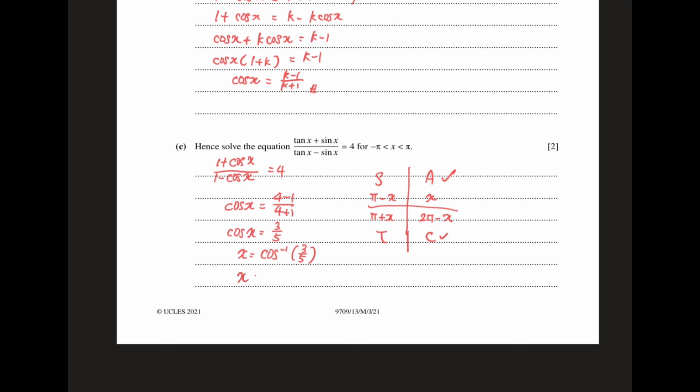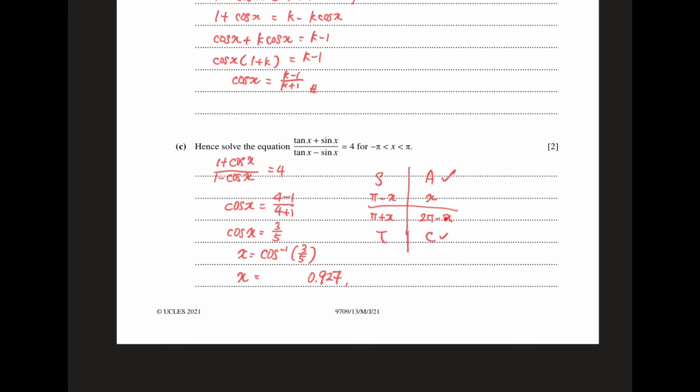So what to do is, now we press the calculator. We change our calculator to radian mode. Then you press inverse cos 3 over 5. Then you will get 0.927. I purposely leave some space in front because I know that they take until negative pi. So we may have some negative angle in front. We will discuss how to find that afterwards. So we know that it is going to be the acute angle 0.927 and the fourth quadrant.